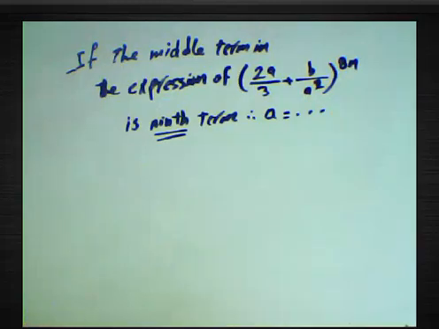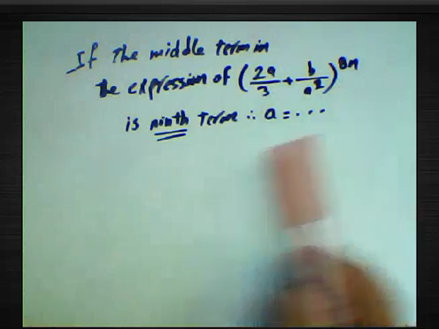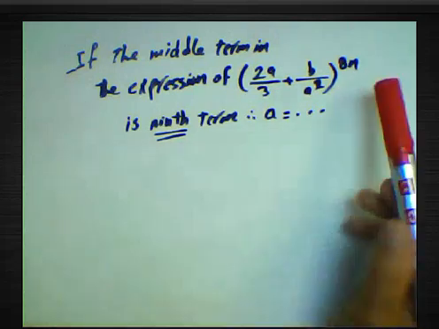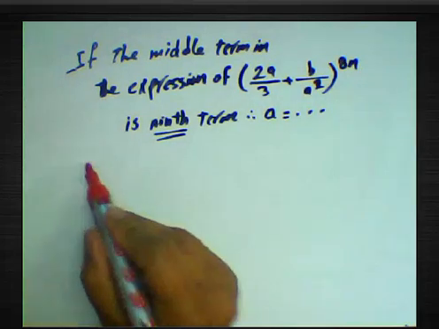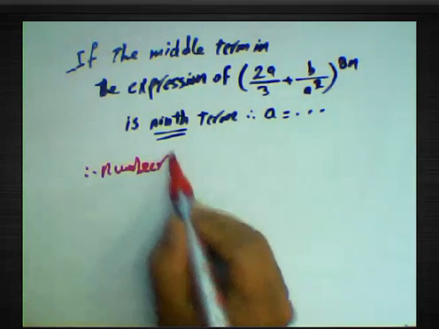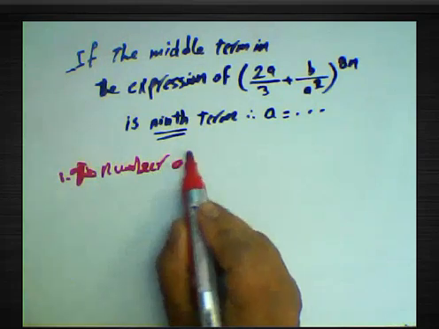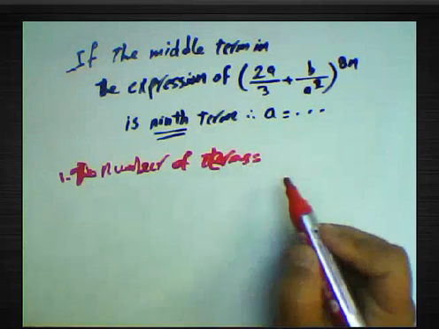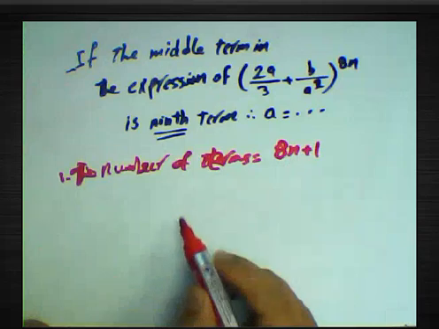Look at this example. If the middle term in the expression (2a over 3 plus b over a power 2) all power 8n is the ninth term, then find n. We know the power here is even, so the number of terms will be equal to what? 8n plus 1.